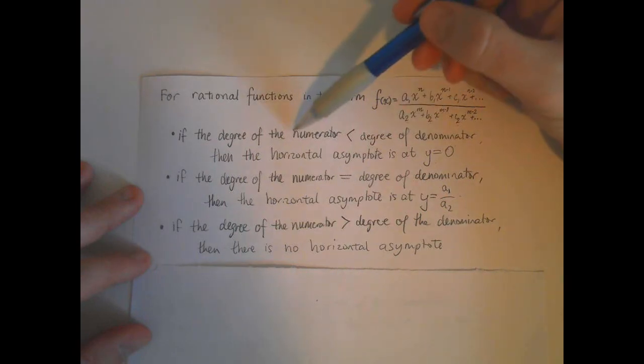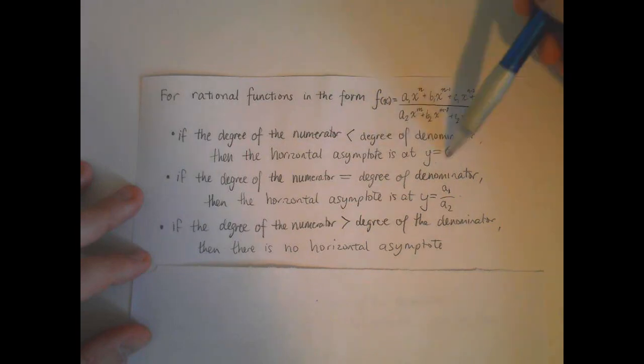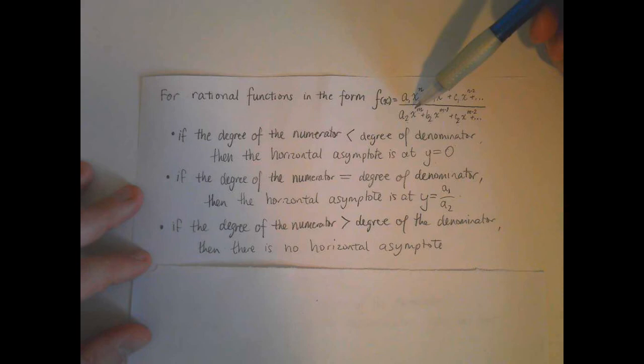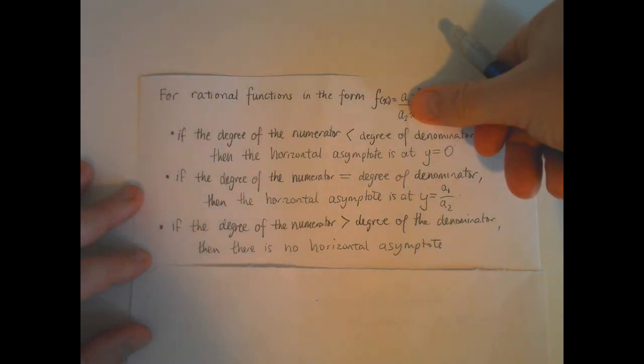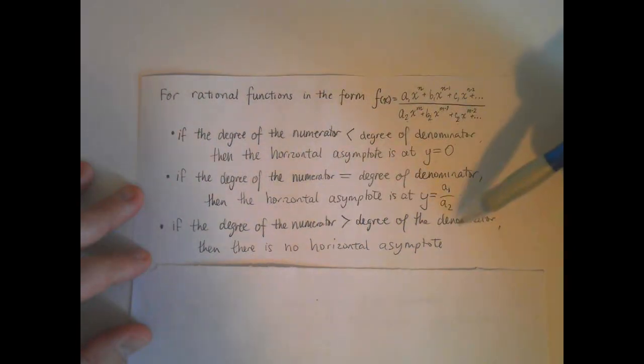If the degree of the numerator is smaller than the degree of the denominator, we always have a horizontal asymptote at y equals 0. If they have exactly the same degree, then we take the ratio of the leading coefficients, a1 over a2, and that's where our asymptote is. Or if the numerator has higher degree than the denominator, then there's not going to be any horizontal asymptote, like we did in the last example. There may be an oblique asymptote, but we will investigate that in the very next video.